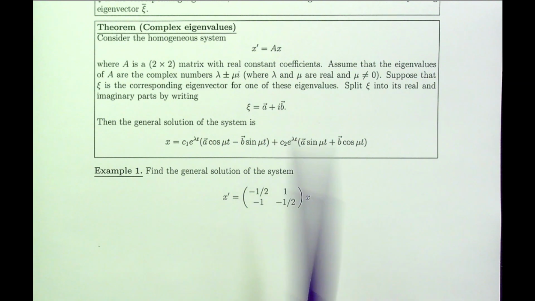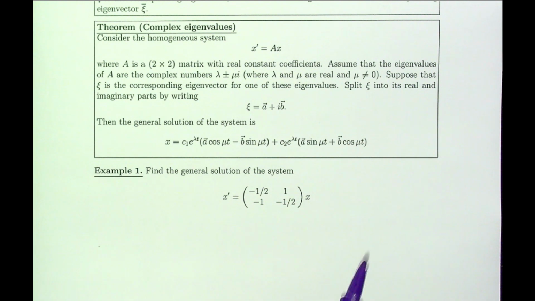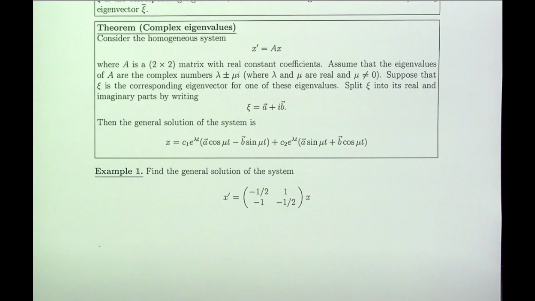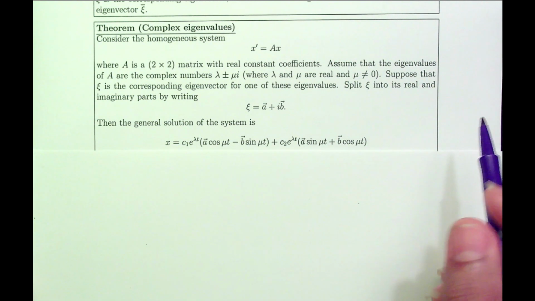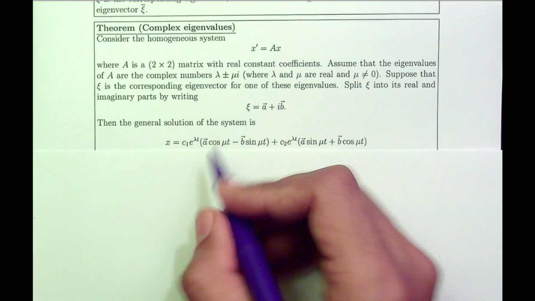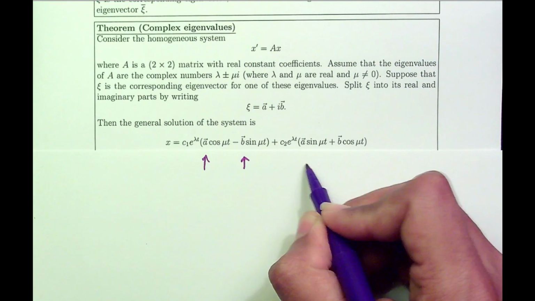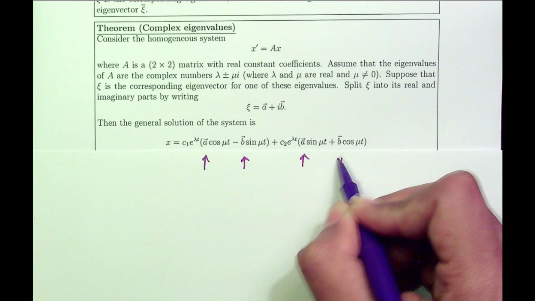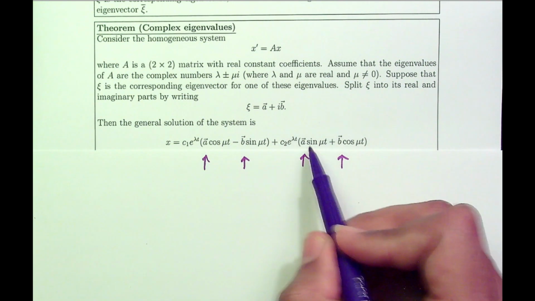I say it's not hard to memorize because if you look at it, it has a certain pattern to it. It's similar to the one we learned from the single equation case, but the A's and the B's stay in the same place. You have A, B, A, B.